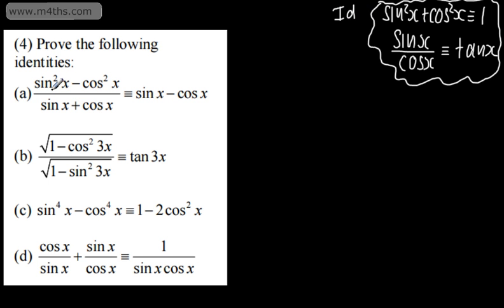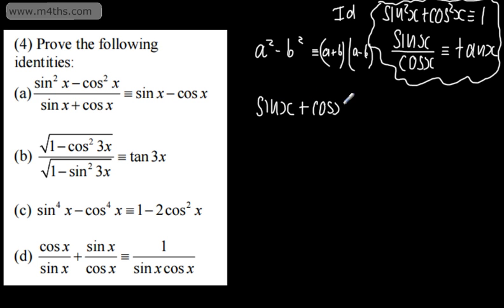So let's start on the left-hand side of this one. This is a difference of 2 squares. So if we had a squared minus b squared, we could factor this to a plus b, and then a minus b. So what I can write is that this is going to be sine x plus cos x, multiplied by sine x minus cos x.